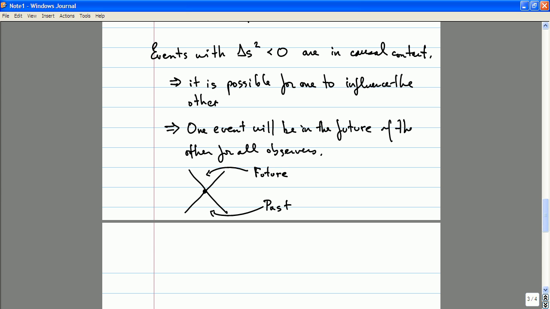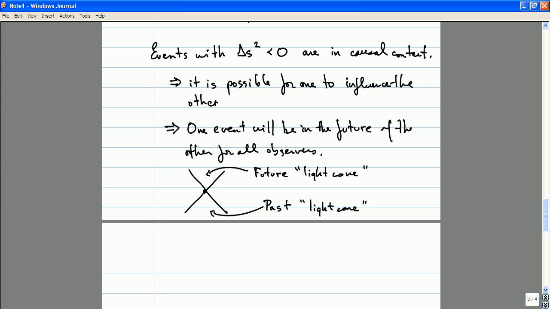So we even sometimes give fancy names to those quadrants. We call this the future light cone and the past light cone. Or we say that the points in that quadrant are inside the future light cone.